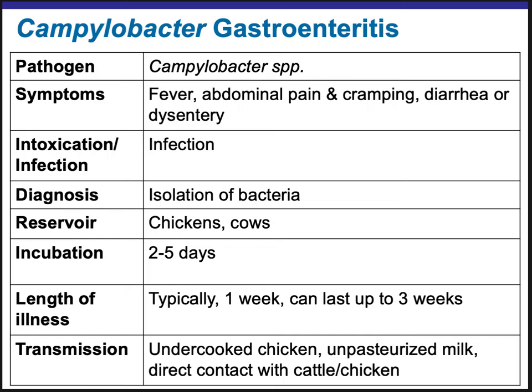So this is why pasteurizing your milk is so important, because cows can secrete all sorts of different bacteria in their milk, such as Campylobacter. They also have bacteria on their skin that can get into the milk from the milking process. So it's very, very dangerous to drink unpasteurized milk. You're putting yourself at risk of a lot of different diseases.